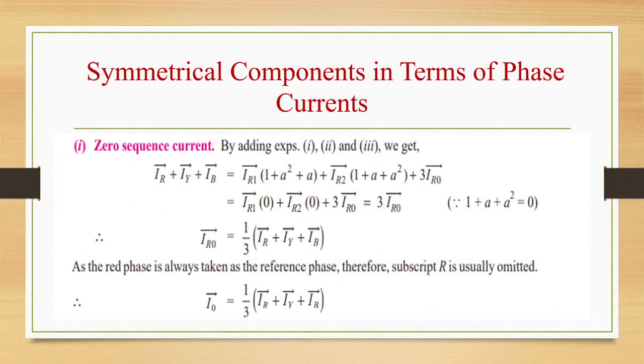So, zero sequence currents, what we have seen in the previous classes. IR plus IY plus IB when we are adding, it is equal to IR1 into (1 plus a square plus a), plus IR2 into (1 plus a plus a square), plus 3 IR0.